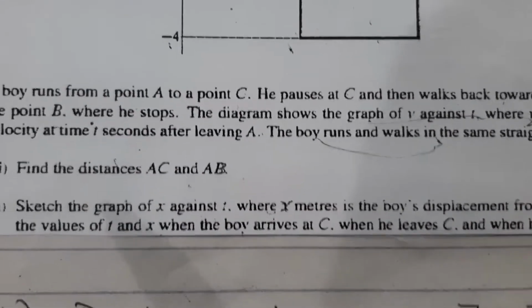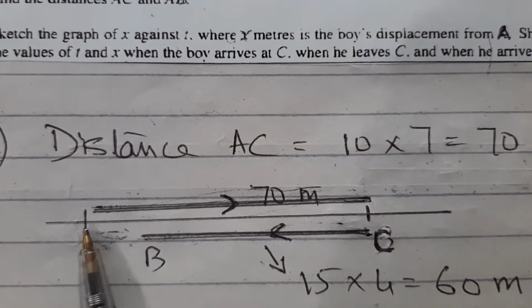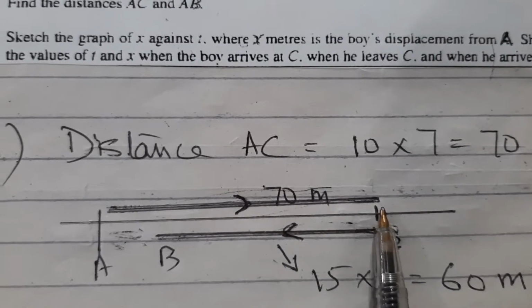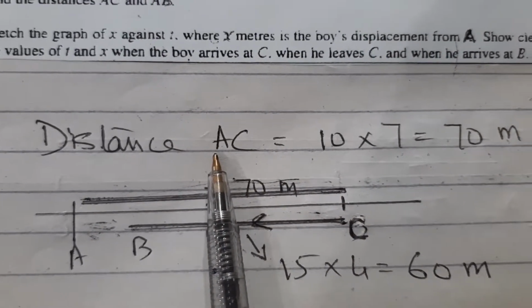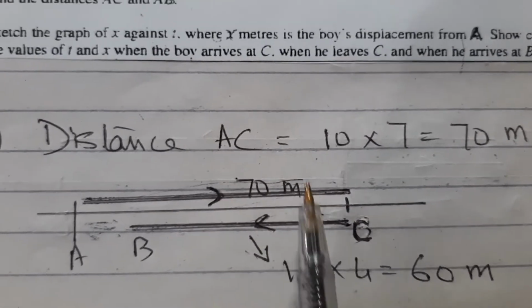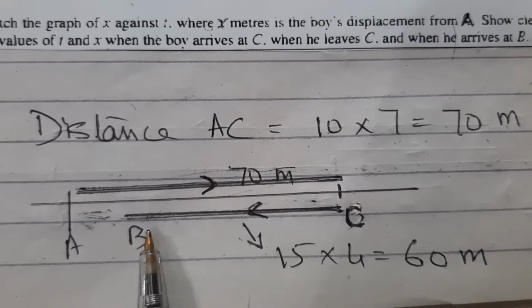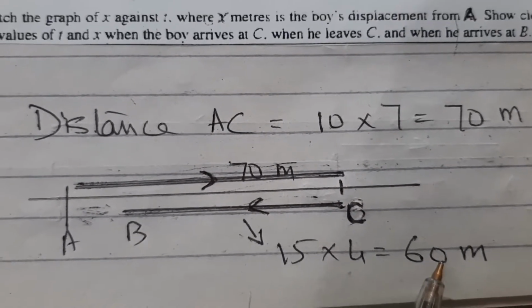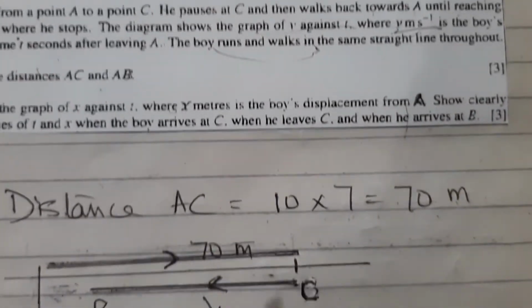Now look at the trajectory. So this is point A. The boy moved all the way till C and it is 70 meter. I have just shown you on the graph, it was the area under the rectangle. And then he took an about turn and moved from C to B, which was equal to 60 meter. And I have shown you here because from C to B it is going back.